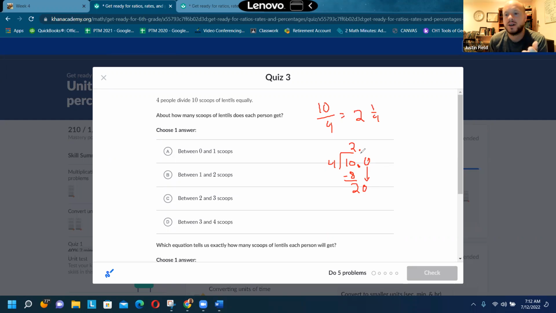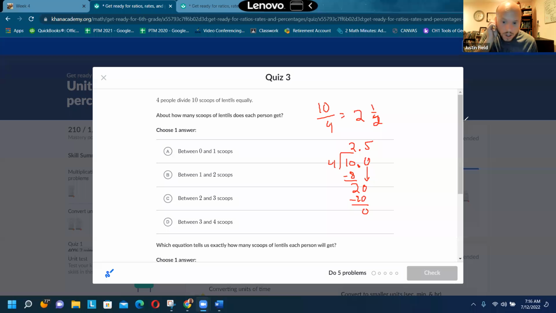Oh, I'm glad I'm doing this because I did it wrong the first time. 4 goes into 20 5 times. So actually it's 2.5. Okay, so that means everyone gets 2.5 scoops.